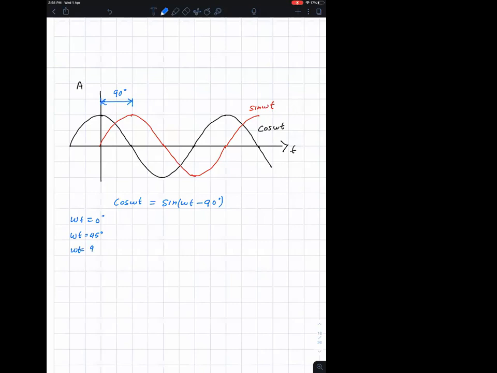Plug these into both equations and they should give you the same answer. So cosine 0 is equal to sine of 0 minus 90 degrees, right?